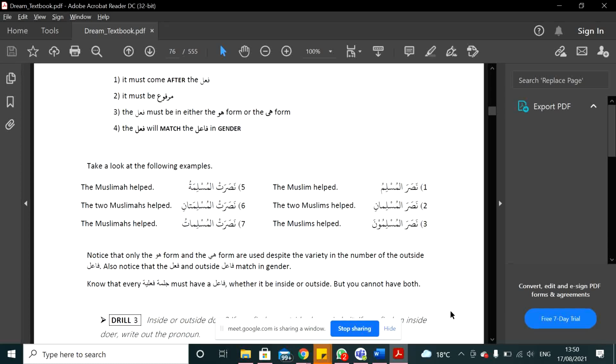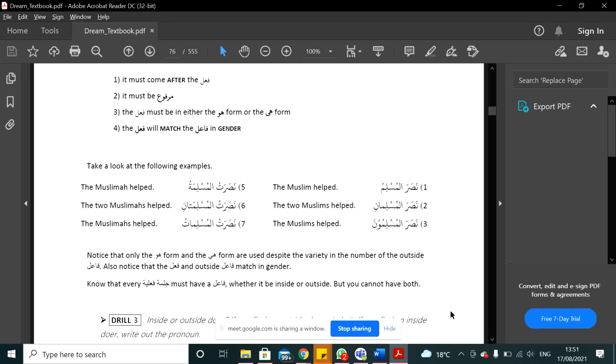There are four things we need to remember. Our fa'il comes after the fi'l, right? But not every ism that comes after a fi'l is an outside doer, because it has to be marfu. If it's marfu, then again the fi'l must be in hiya or hua format, and the fi'l and fa'il must match in gender.